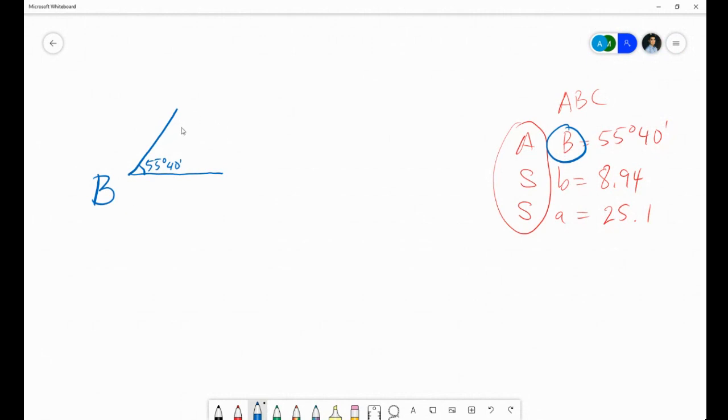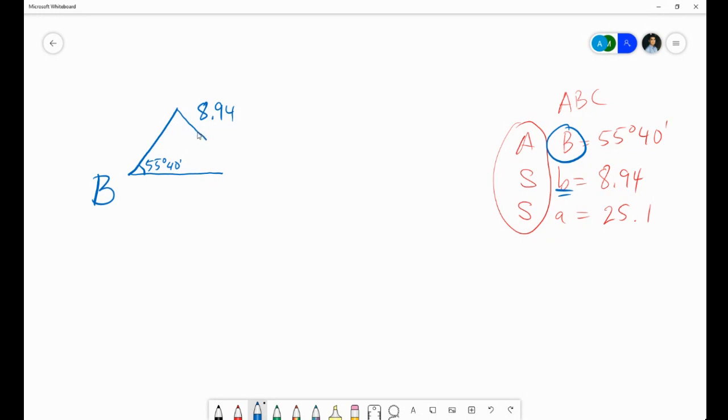All right. So now we can kind of complete our triangle. So this side right here is going to be the swinging side. This side right here has to be B because it is opposite from it. So this side would be 8.94. Now don't draw the triangle because we don't know if it creates a triangle or not.